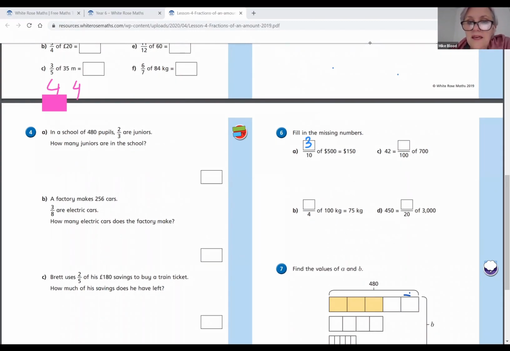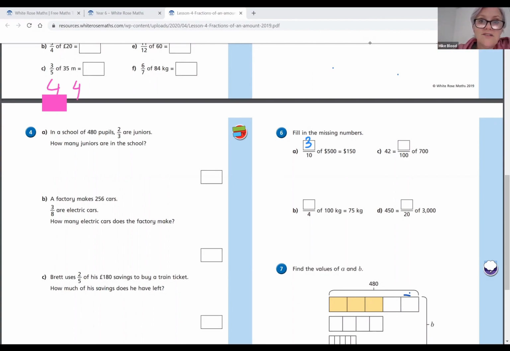Let's look at B. How many quarters of 100 kilograms is 75? Now you should just know this, because you should know that 1/4 of 100 is 25, 2/4 of 100 is 50, because 2/4 is the same as a half. So 3/4 of 100 is 75.